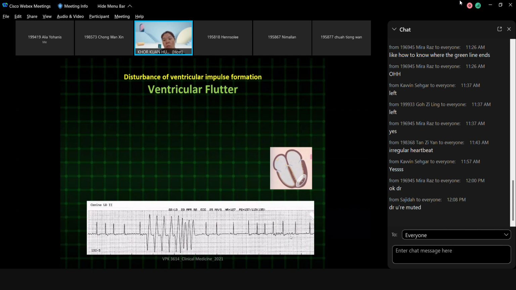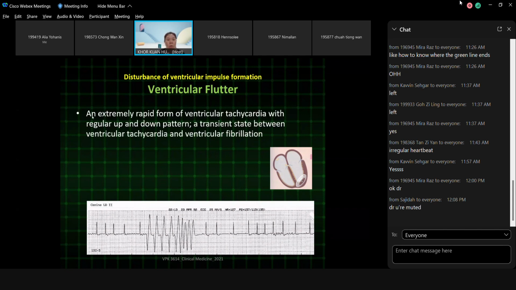So it will give you an extremely rapid form of ventricular tachycardia with a regular up and down pattern. It's transient, okay, and it happens between ventricular tachycardia and ventricular fibrillation. Okay, so you call it flutter.